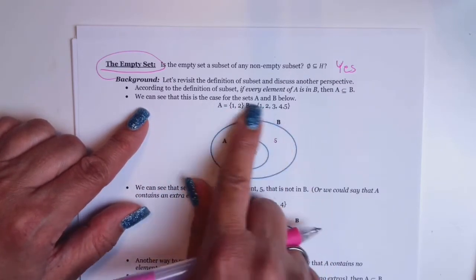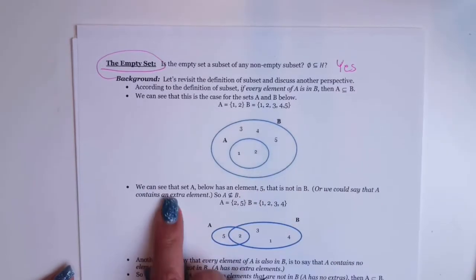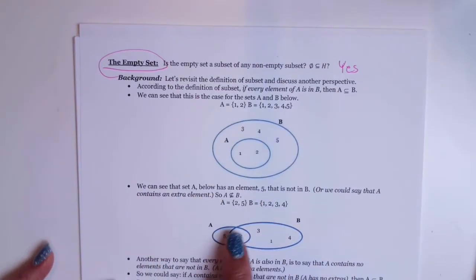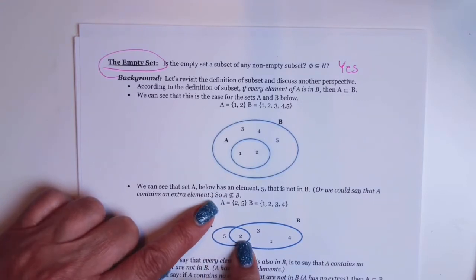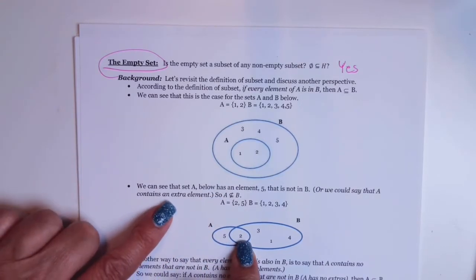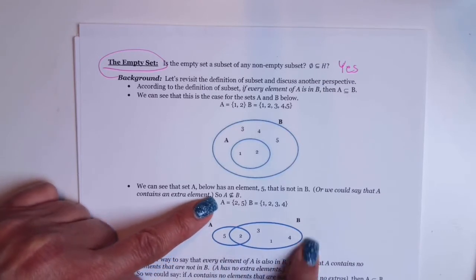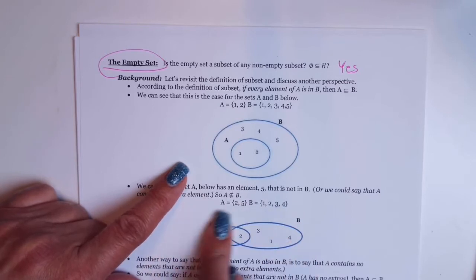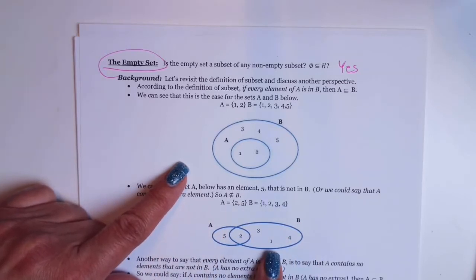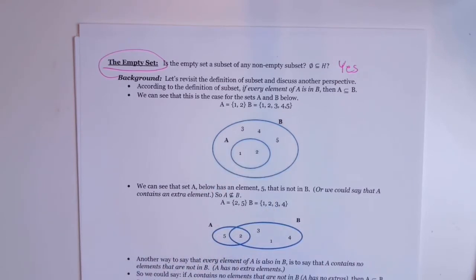We can see that set A below has an element 5 that is not in B, or we could say that set A contains an extra element. So in this case, set A is not a subset of set B. In this case, it is a subset. In this case, it is not.